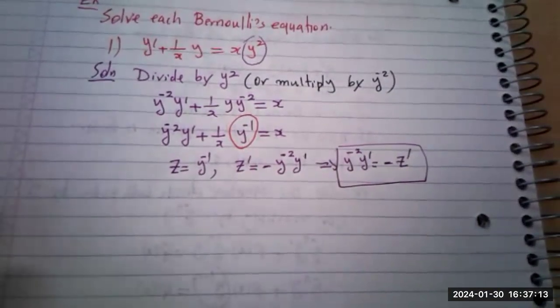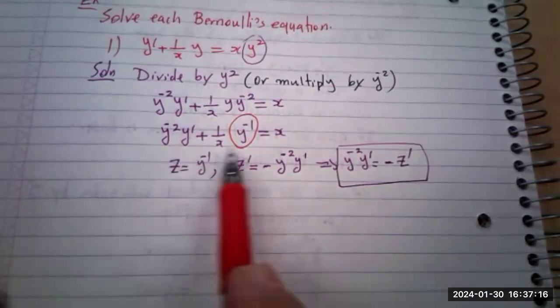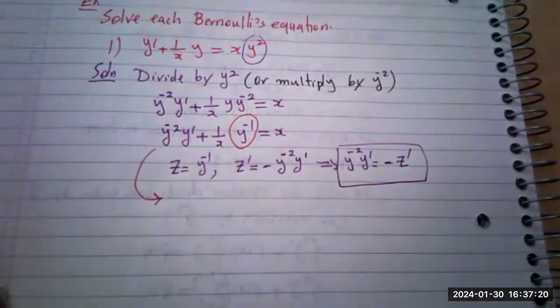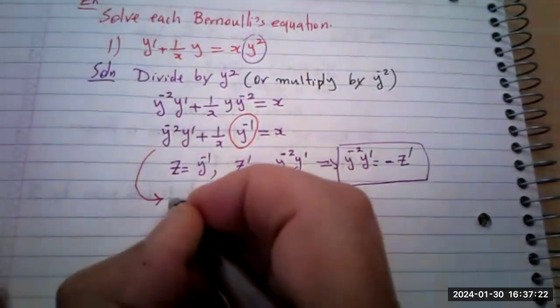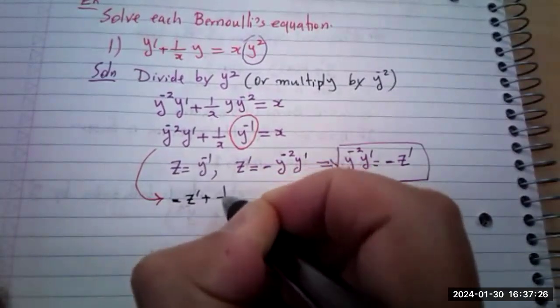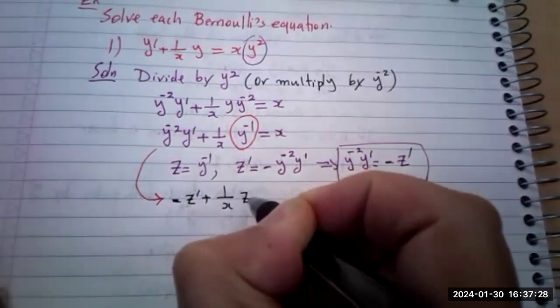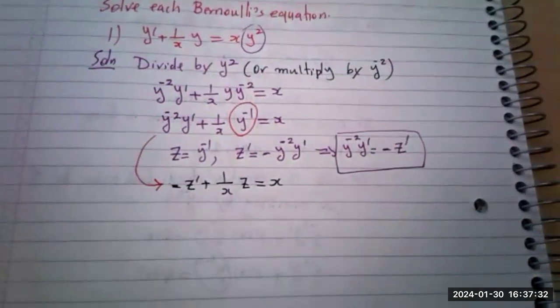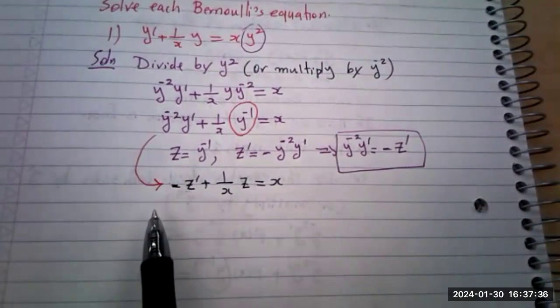Now go back and substitute to get your resulting equation. So this would be the result. That gives us negative z prime, plus 1 over x z, equal to the x. This must be a linear equation in terms of z and x. You know that the coefficient must be 1, so you have to multiply by negative 1 to make it linear.